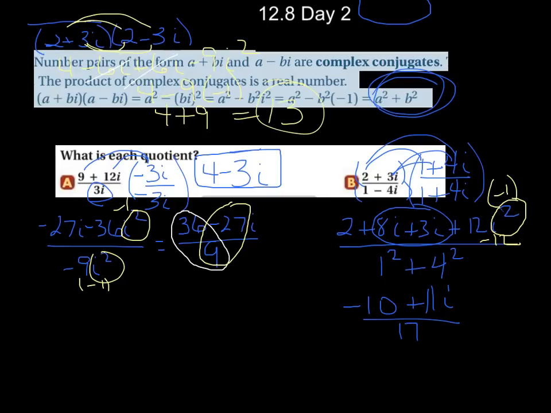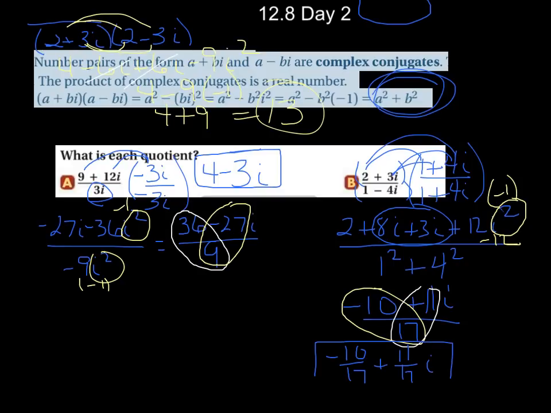And now I put it in the a plus bi form. So I'm going to split and have negative 10/17, and then the other side is plus 11/17 i. And there is my complex number that represents the quotient of 2 plus 3i divided by 1 minus 4i.